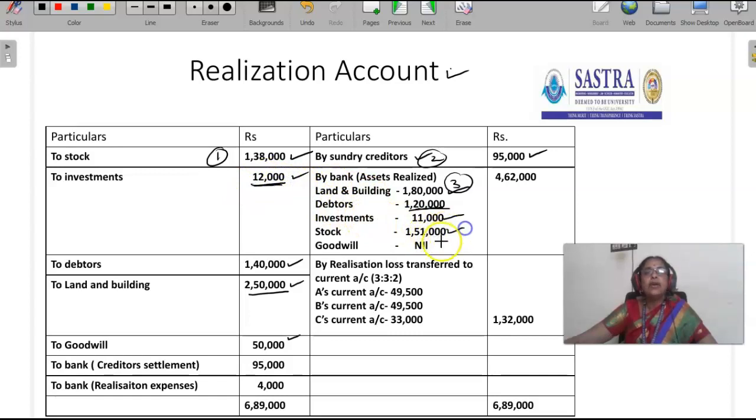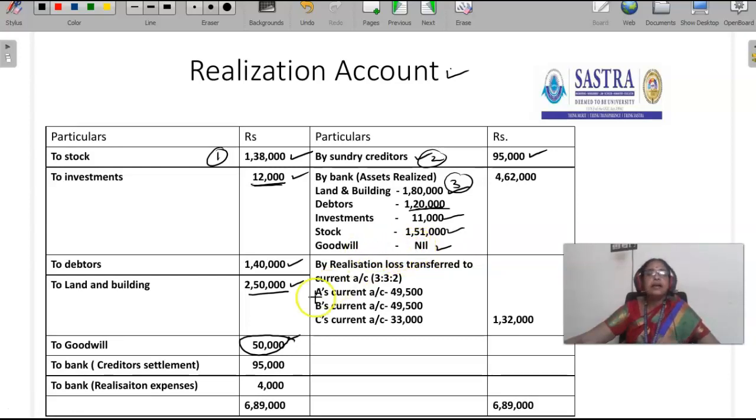Stock, the value of stock in the book is 1,38,000. Here they sold it for 1,51,000, more than the book value. Goodwill amount is 50,000 in the book, but it is not realized. There is no goodwill.